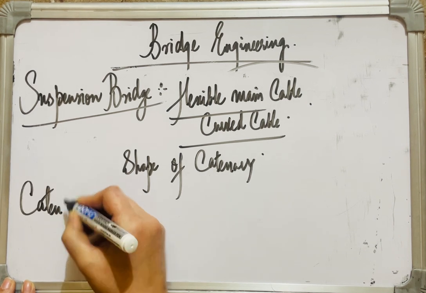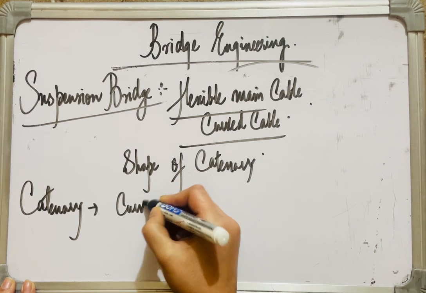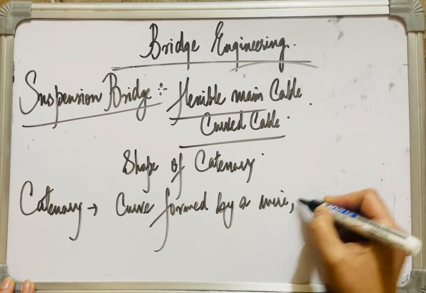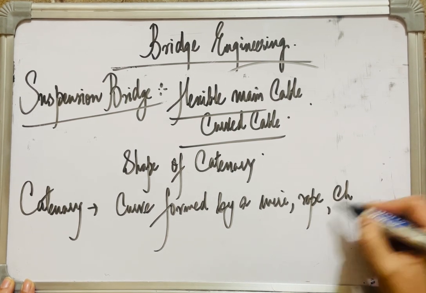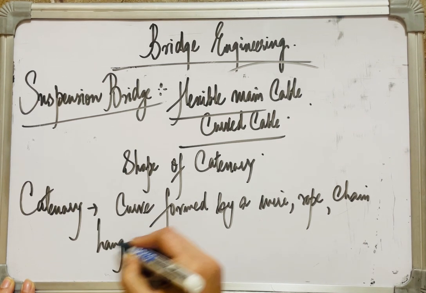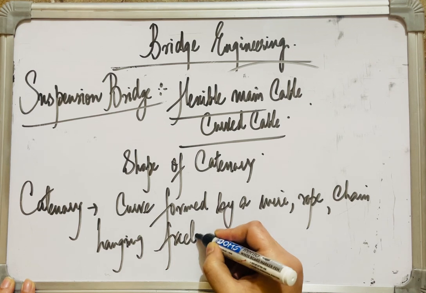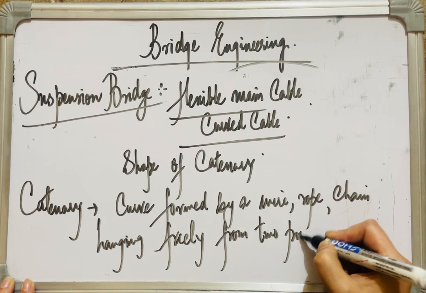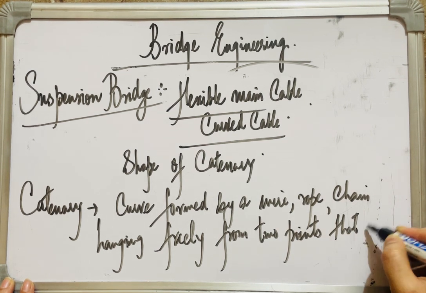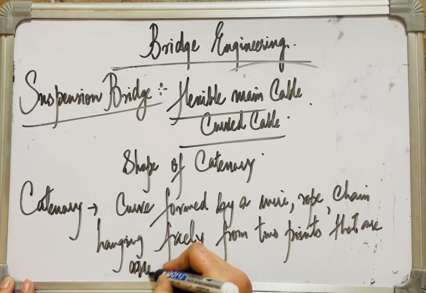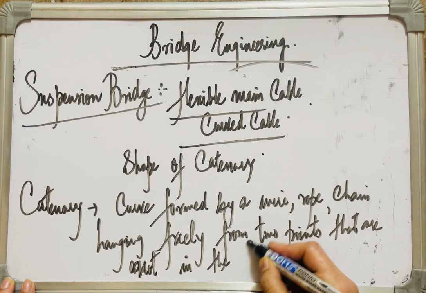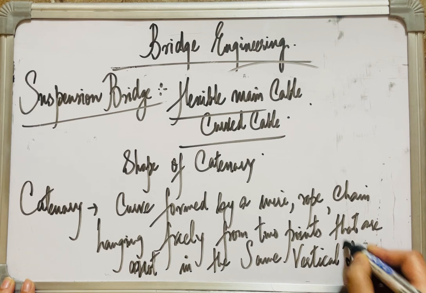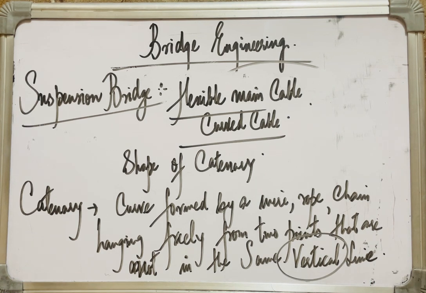So catenary is a curve formed by a wire, a rope or even a chain hanging freely from 2 points of suspension that are not in the same vertical line. Vertical, you must note that.